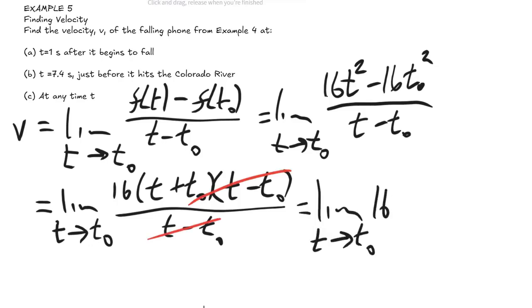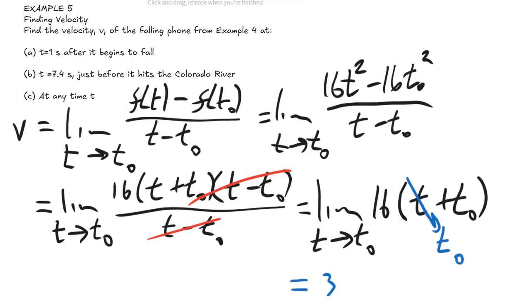And we'd be left with 16 times t plus t naught. If we take the limit as t approaches t naught, then we would have 16 times 2t naught, or 32t naught. In other words, whatever we pick for our initial time, we would multiply by 32, and that would give us the instantaneous velocity at that moment in time.